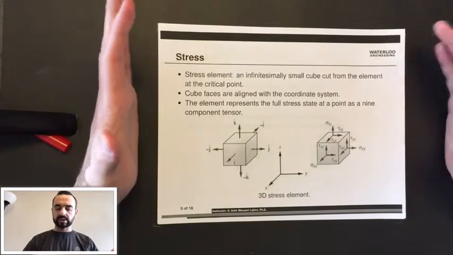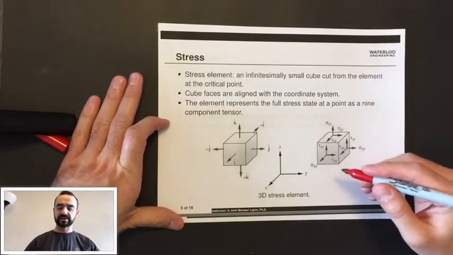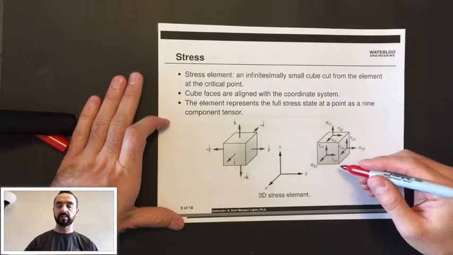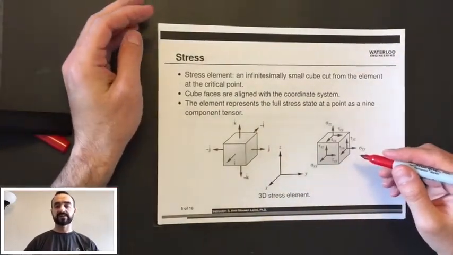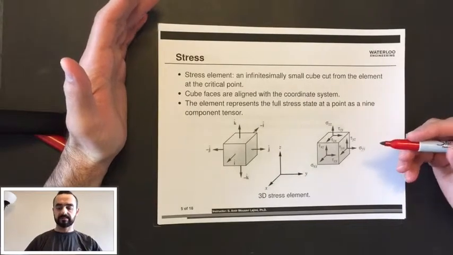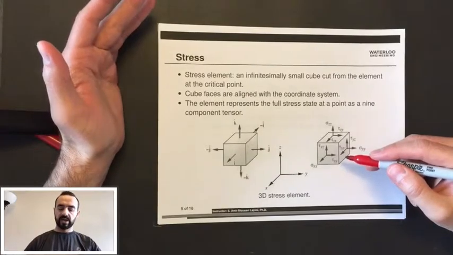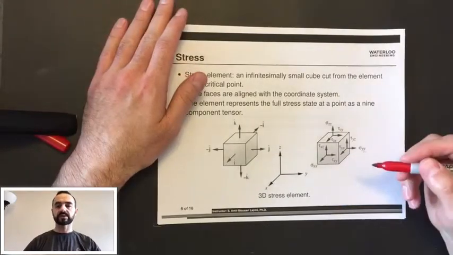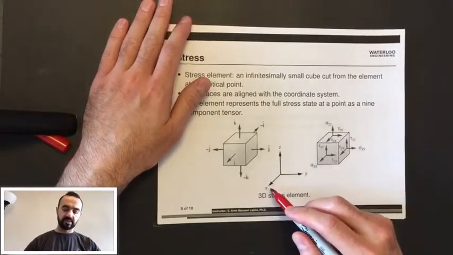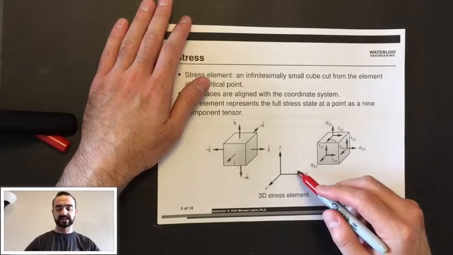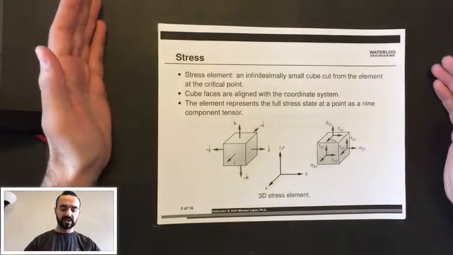And because each pair of these faces are normal to the same axis, we can essentially define 6 independent planes. A cube has 6 faces, and each pair of these planes are normal to the same coordinate axis. For example, 2 planes are normal to the x-axis, 2 planes are normal to the y-axis, and 2 planes are normal to the z-axis.